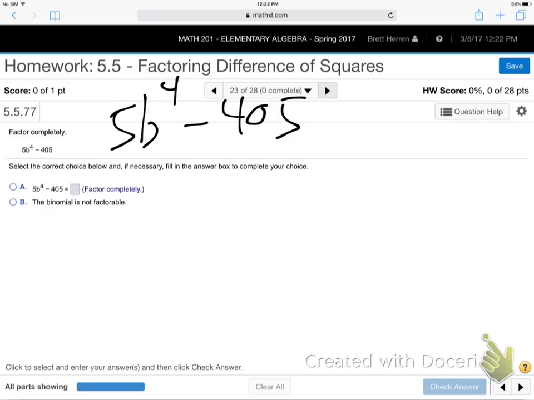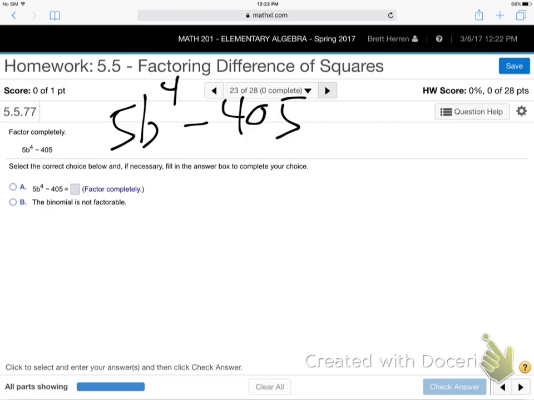What do they have in common? All right, what's the first step on every factor problem? What's the first step? What's in common?